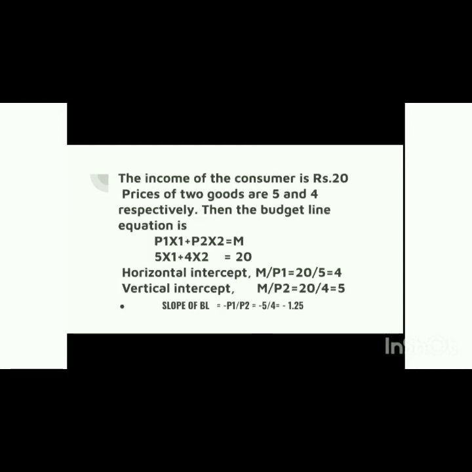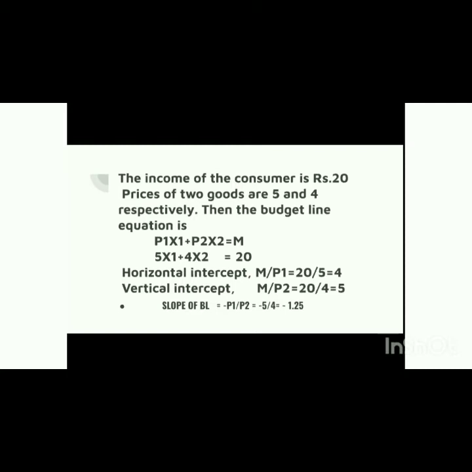For example, the income of the consumer is rupees 20. The prices of the two goods are 5 and 4 respectively. That is, the price of good 1 is 5 and the price of good 2 is 4. Then the budget line equation is 5x1 plus 4x2 equal to 20.